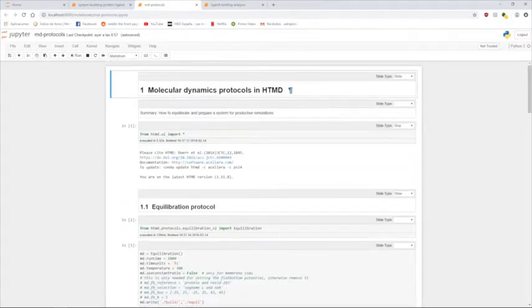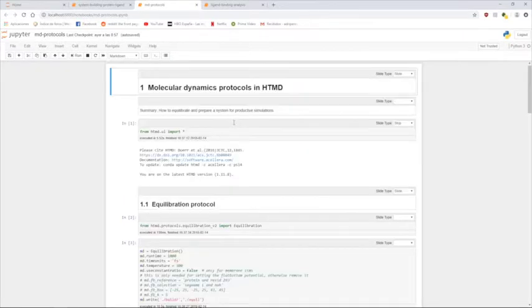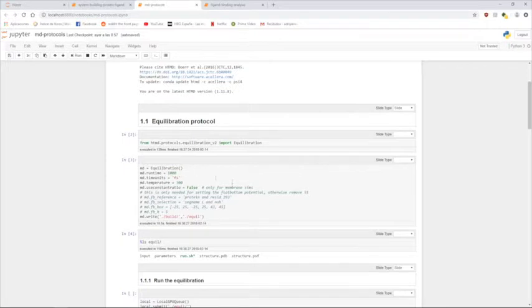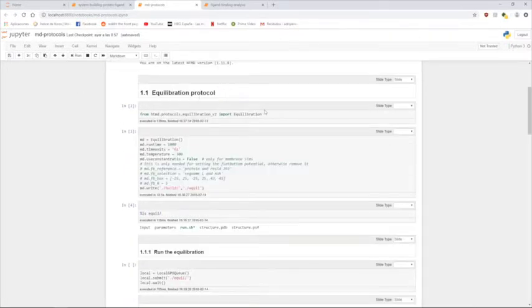This notebook here is to show how to set up simulations. I won't spend much time here because we cannot actually run simulations now, since they take too long. But I'll go over this quickly. In HTMD you also have equilibration protocols, which are usually performed before the actual simulation to correctly set up the system.